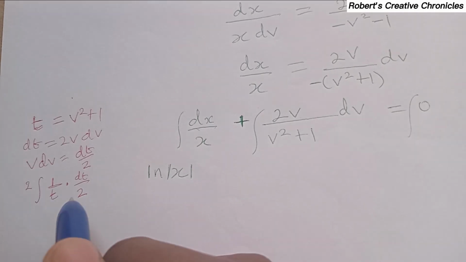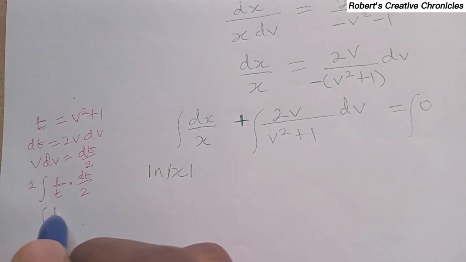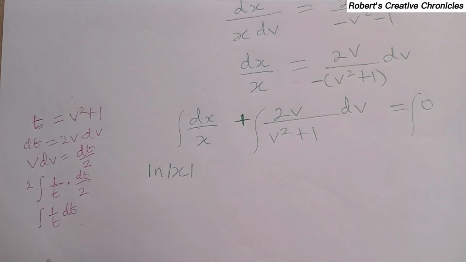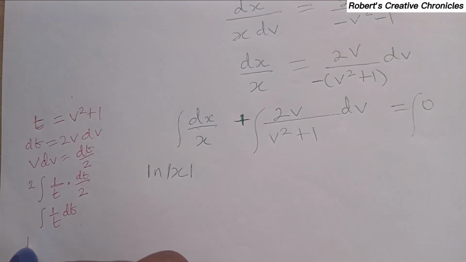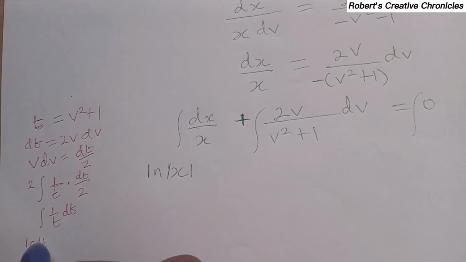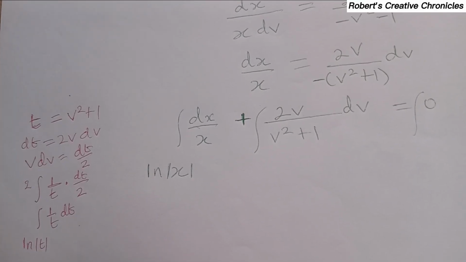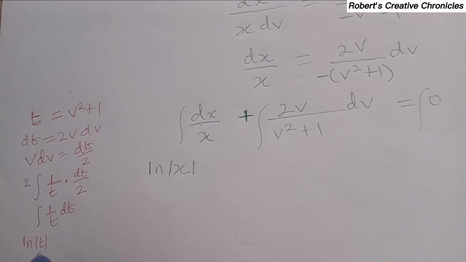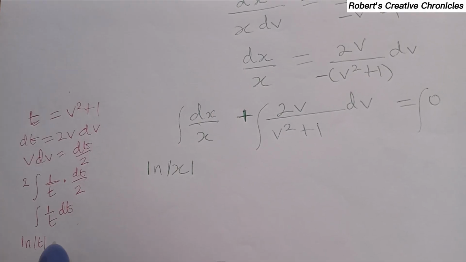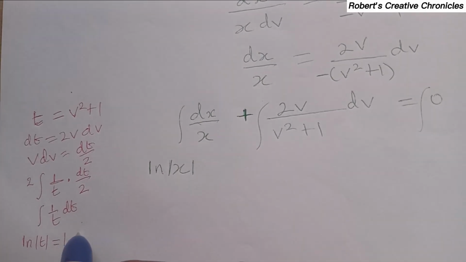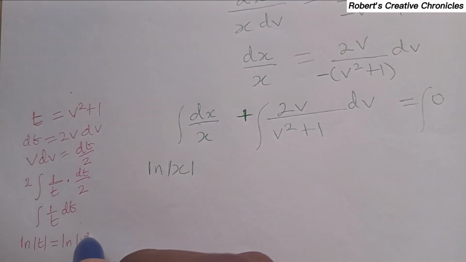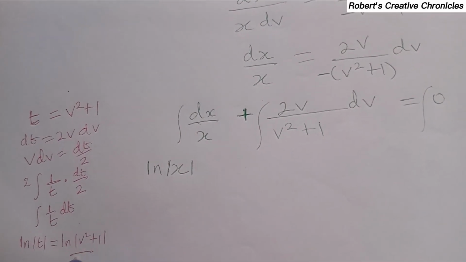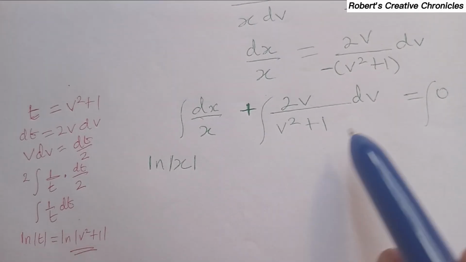So it will be 1. Then to remain the integral of 1 over t, the t. The integral of 1 over t is what? Is ln t. So, and what is t? T is v squared plus 1. So this is the integral of this term.